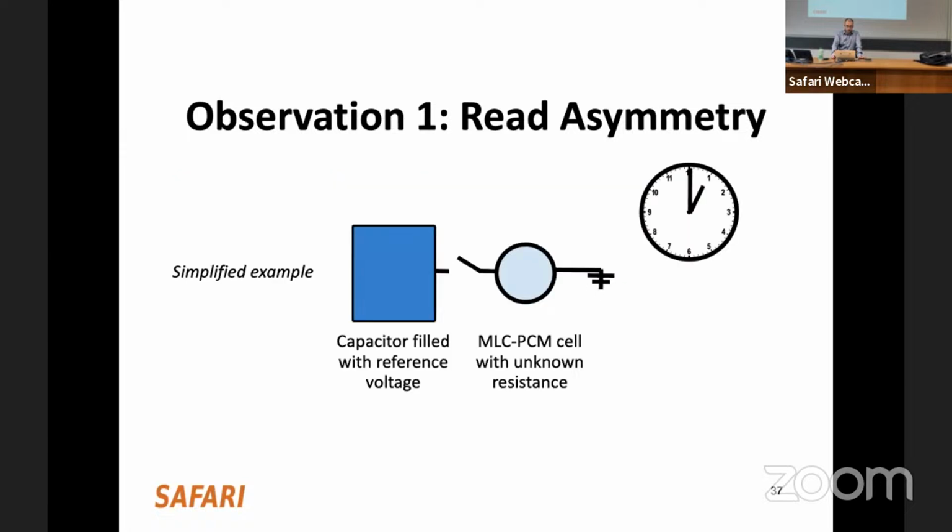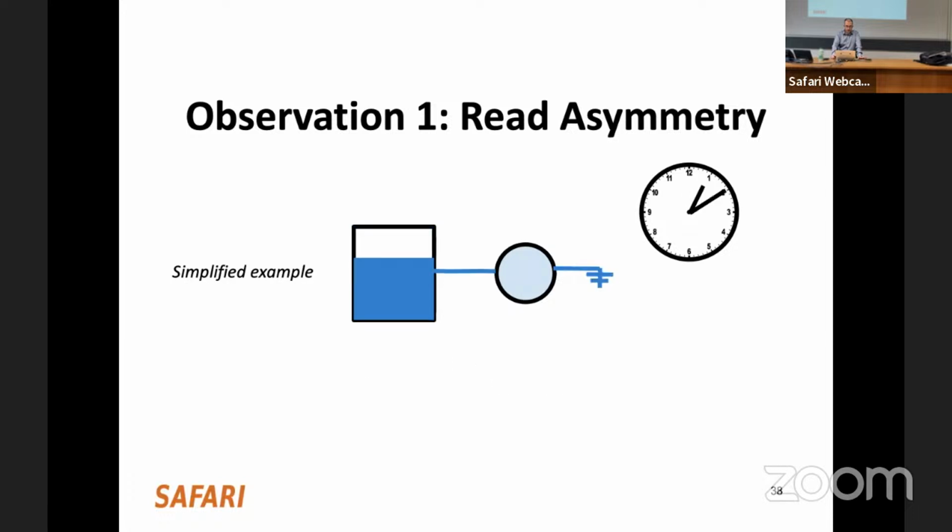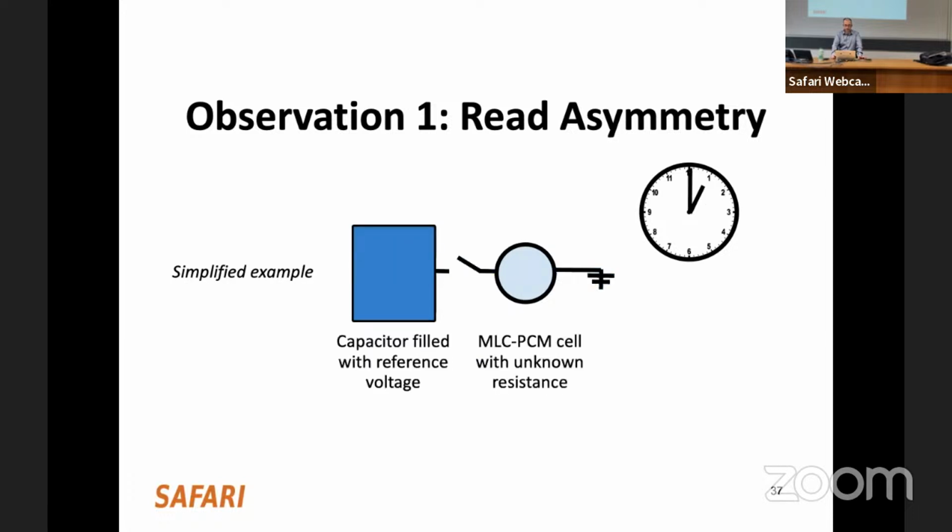We can also show it in this simplified example: there is a capacitor filled with reference voltage, and we connect the MLC PCM cell with unknown resistance. This is actually the simplified version of our sensing circuitry.